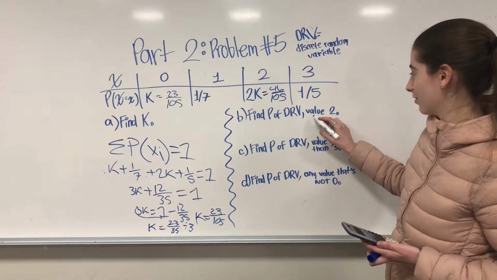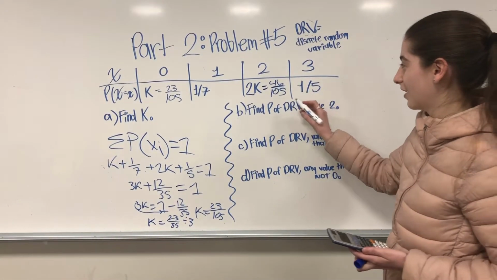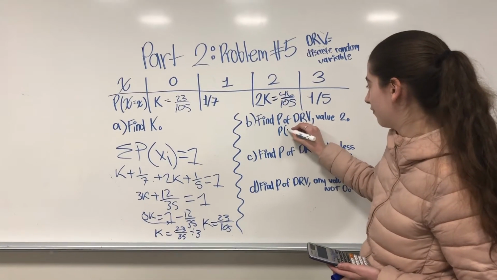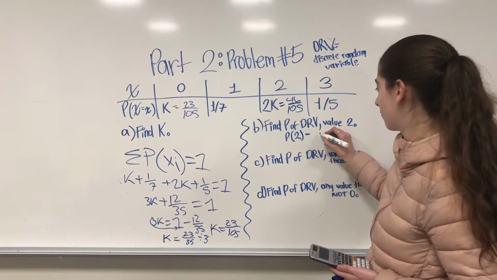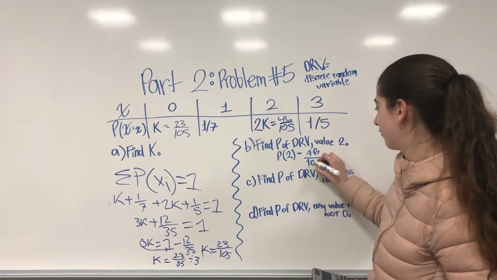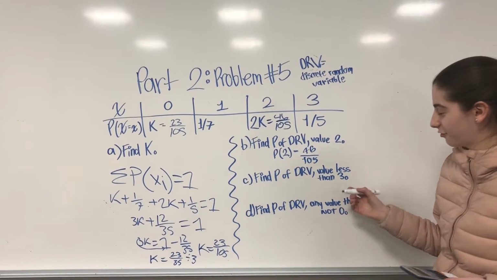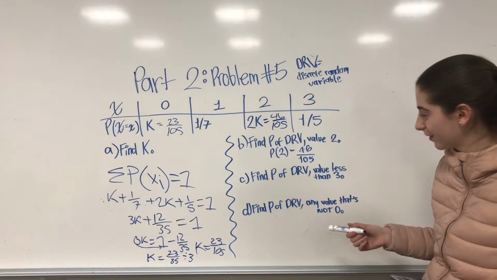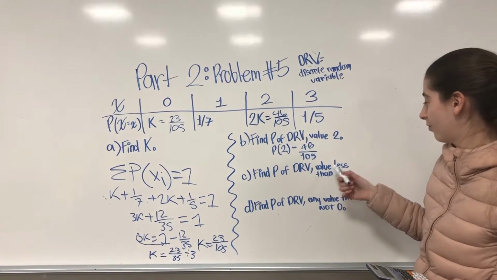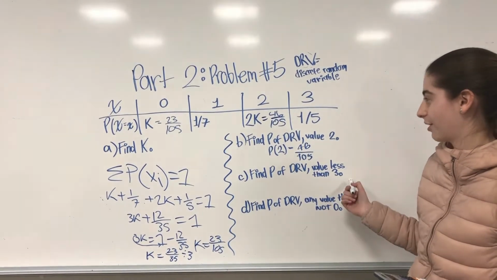Okay, so you want to find the value of 2, so you already have it here. So you go probability of 2 is the same as 46 over 105. Afterwards, you can go to this problem. Find the probability of the discrete random variable where the value is less than 3.